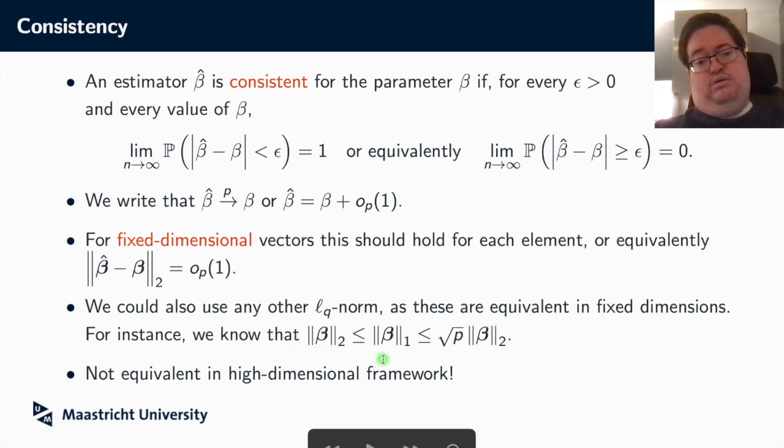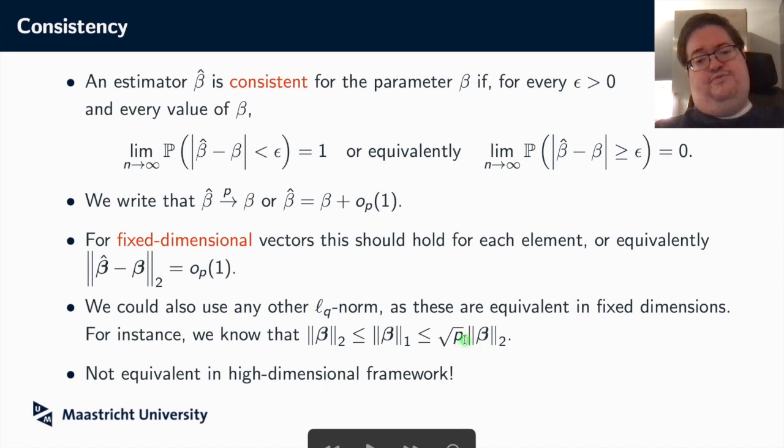You can work out, or just look it up on Wikipedia, that the L1 norm of a vector is always larger than the L2 norm, but the L1 norm is smaller than square root p times the L2 norm, where p is the dimension of the vector.